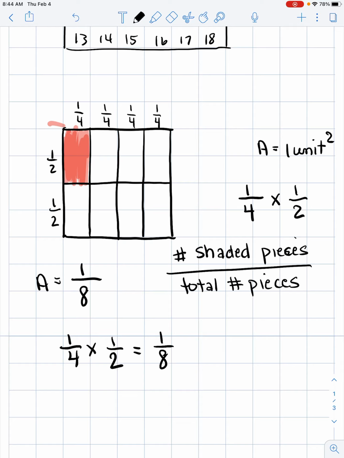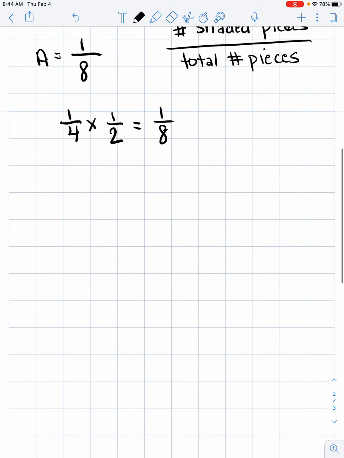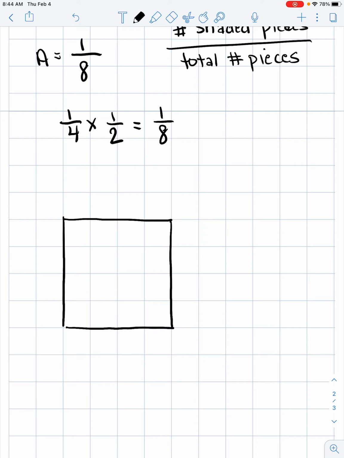Okay, let's take a little more complicated example. Let's draw another square, and again, it's 4 little squares by 4 little squares, but we're going to consider it to be one whole unit. I want to find the area of a part of this square to show 1/3 times 3/4.